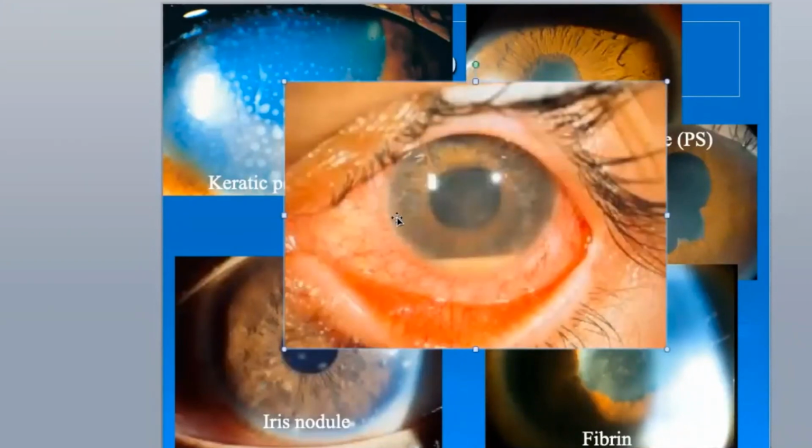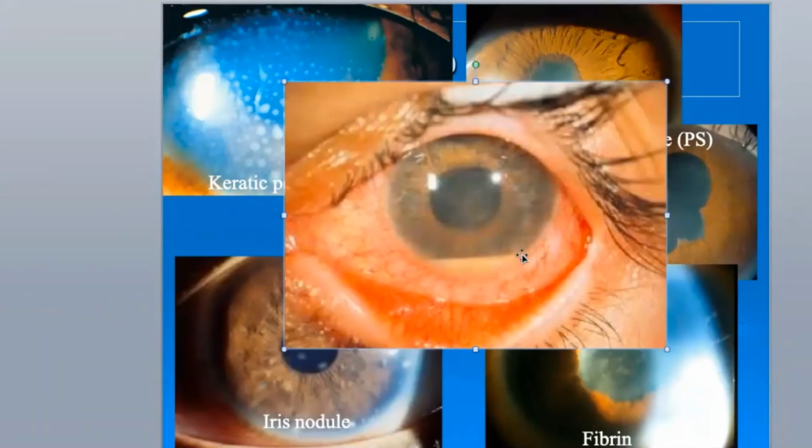Another presentation is when the patient has what we call hypopyon. Hypopyon level is a white cell sediment inferiorly, not on the cornea, not on the iris tissue, but at the angle inferiorly. All this is actually pus. The moment you see this kind of situation, suspect the patient has anterior uveitis.